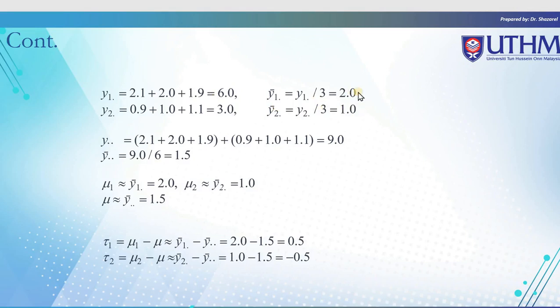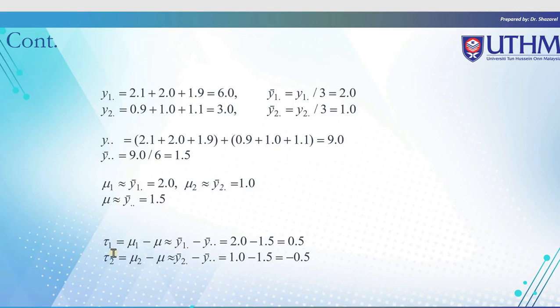This is the average for the first level, and this is the average of the second level. Then we have the total of all observations and the overall average, which approximates the mean in the ANOVA model just now.